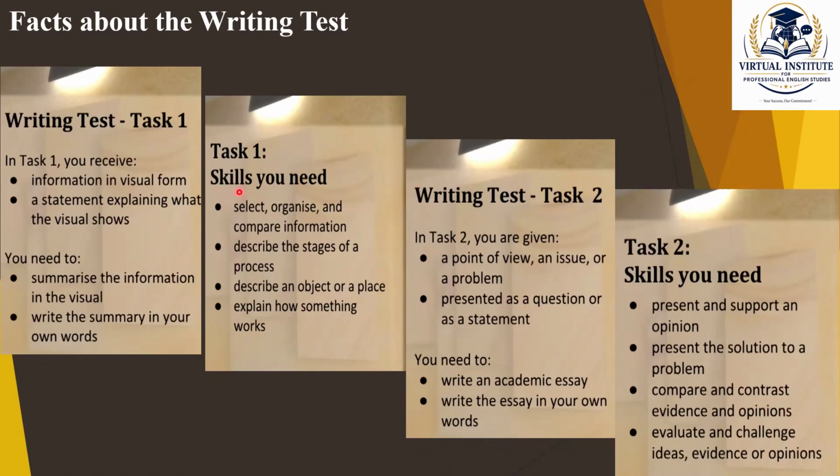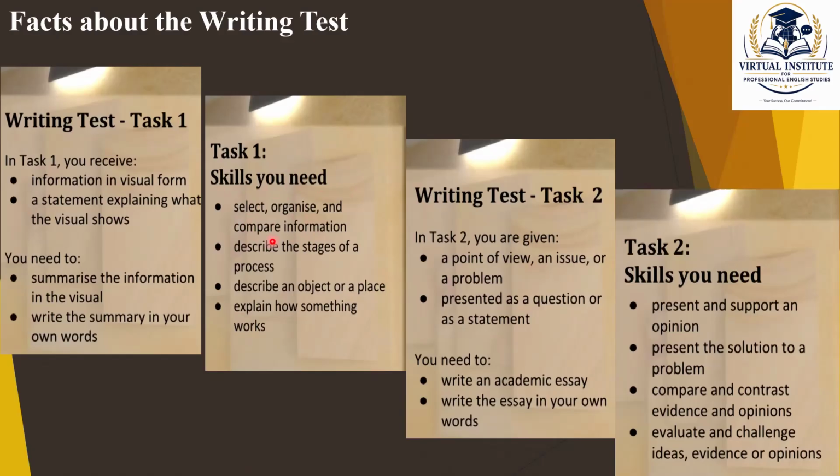In task one, the skills you will need are to select, organize and compare information, right? You will need to know how to select information in a given visual. Similarly, when you select the information, you should know how to organize it. And you should also have the skill to compare two different sets of data.